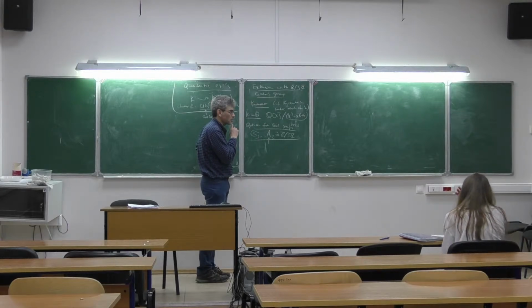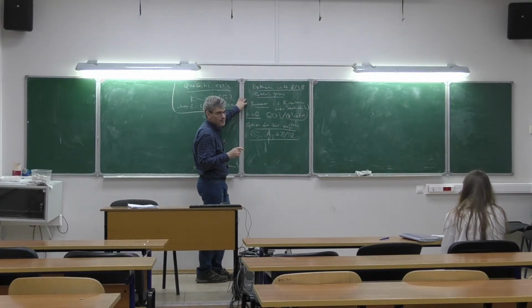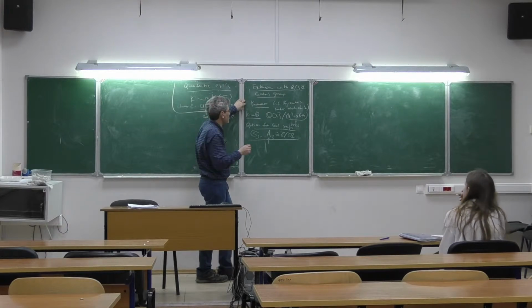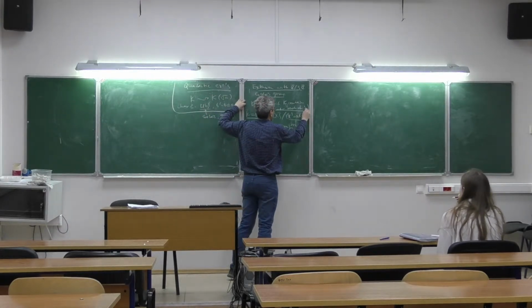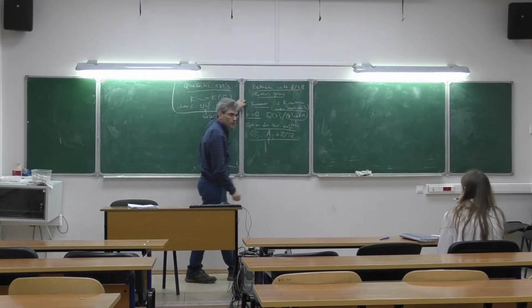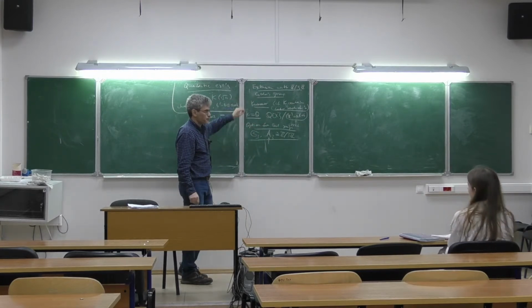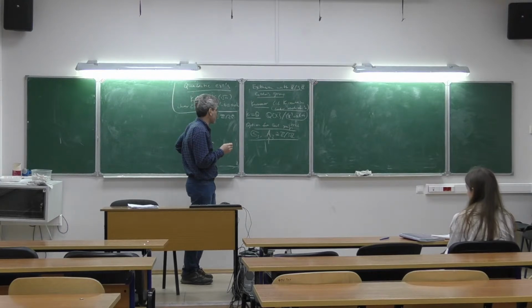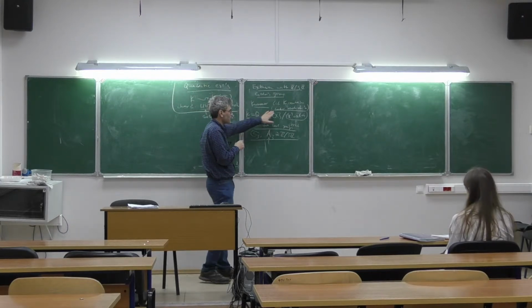Maybe he thinks of Kummer extensions. But for Kummer extensions, we need to have the cubic root of unity. Of course, this is the most general situation, but we will not assume that we have this cubic root of 1.